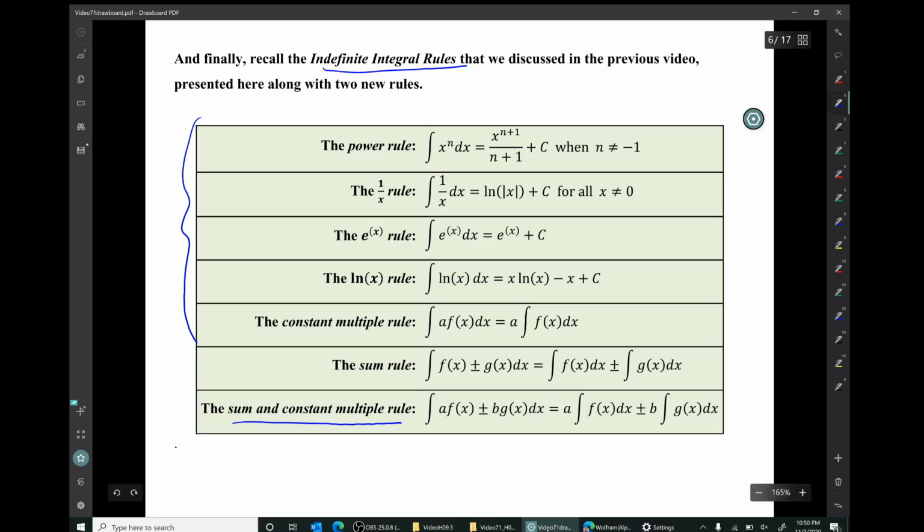If you have an integrand of this form, a constant a times a function f of x, plus or minus a constant b times a function g of x, then that integral can be broken up into a sum or difference of two integrals, one involving f and one involving g, and in each of the integrals, those constant multiples get pulled through the integral sign. So again, the sum and constant multiple rule is sort of the obvious thing.